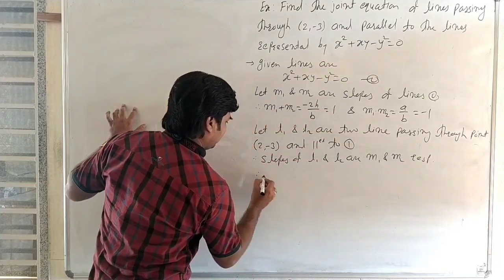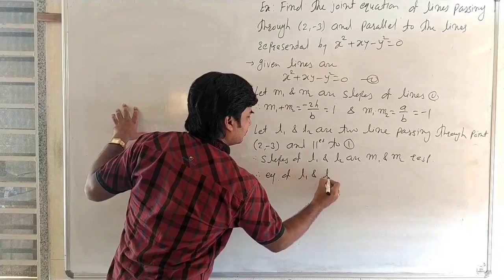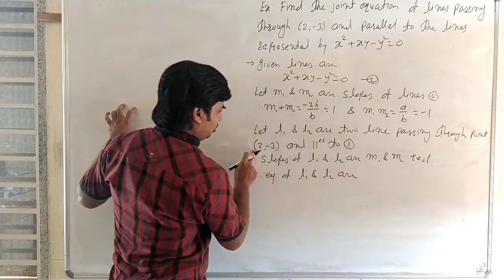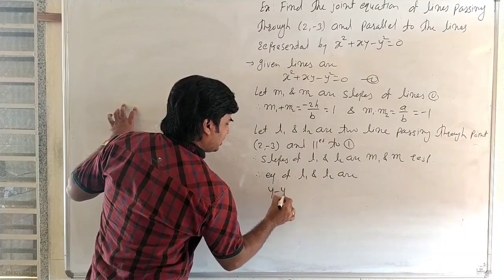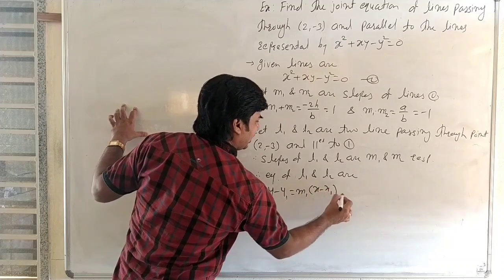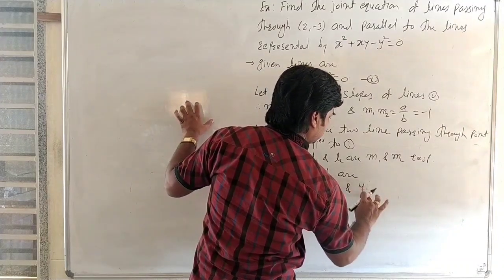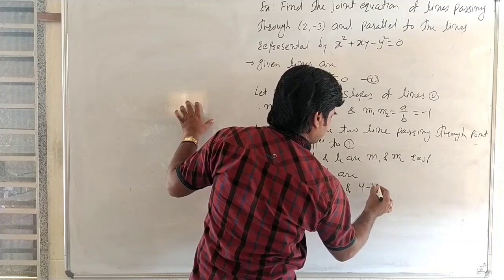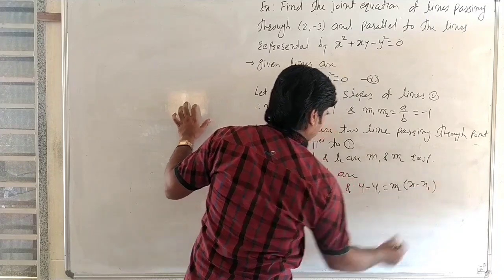Therefore, the equations of L1 and L2, passing through the point and having slopes M1 and M2, are y minus y1 is equal to M1 into x minus x1, and y minus y1 is equal to M2 into x minus x1.